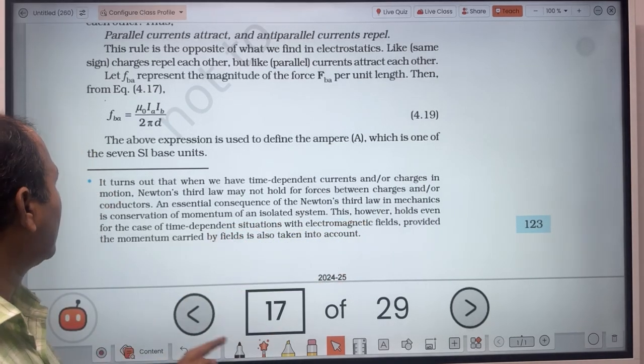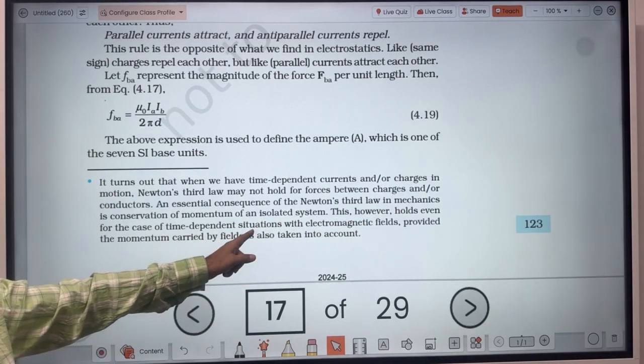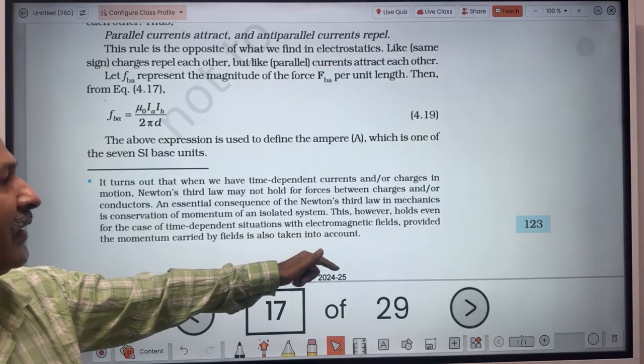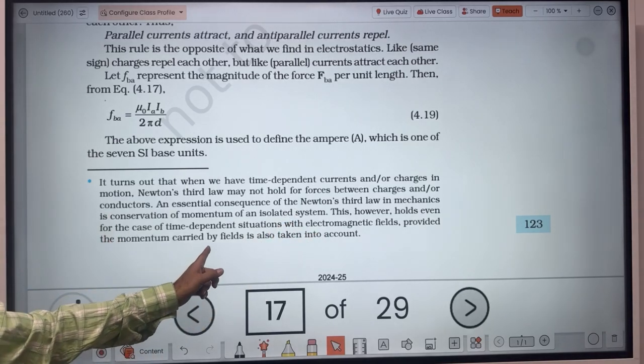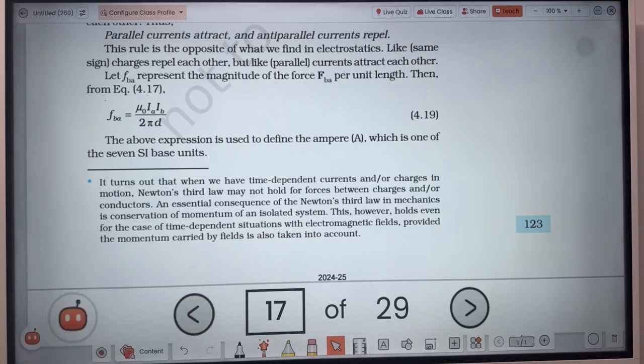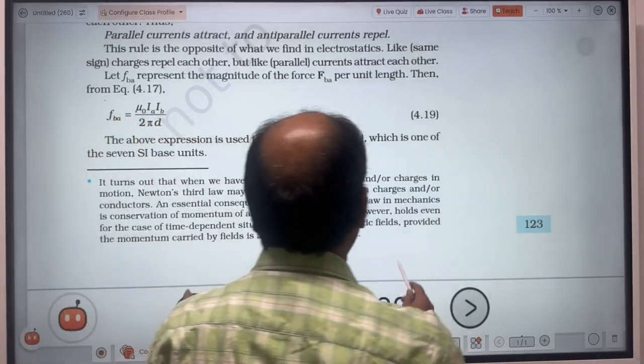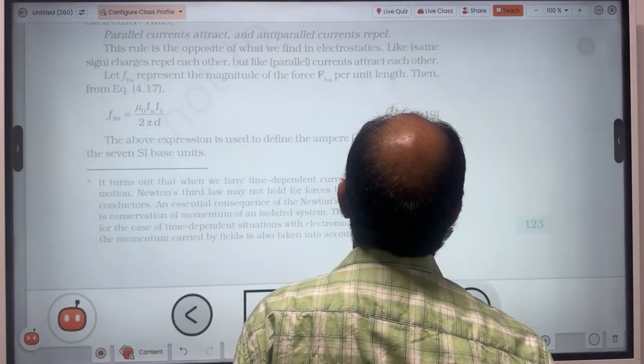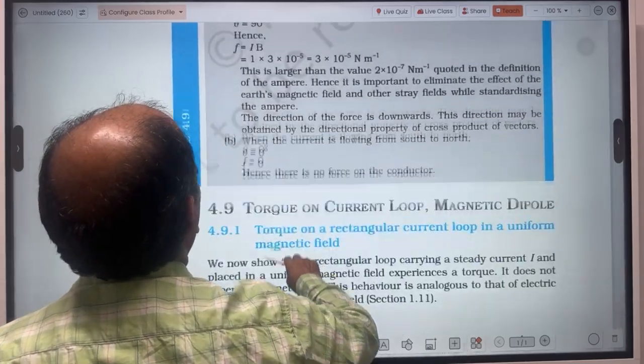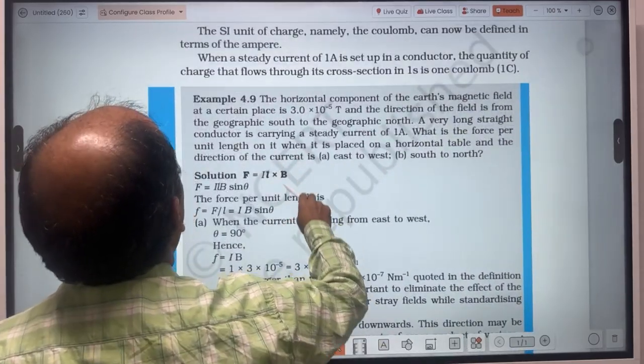This, however, holds even for time dependent situations with electromagnetic fields, provided the momentum carried by the field is also taken into account. So we will see these things later on. Up to here the thing is clear, right?